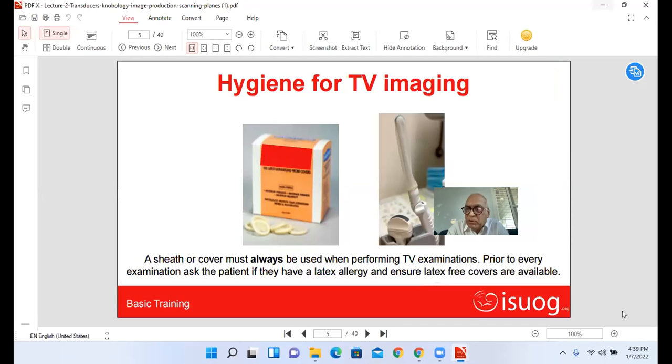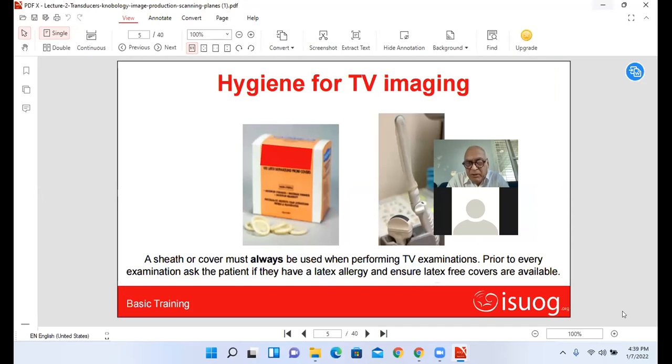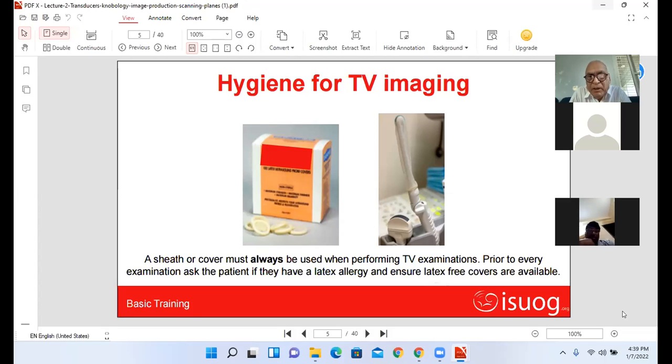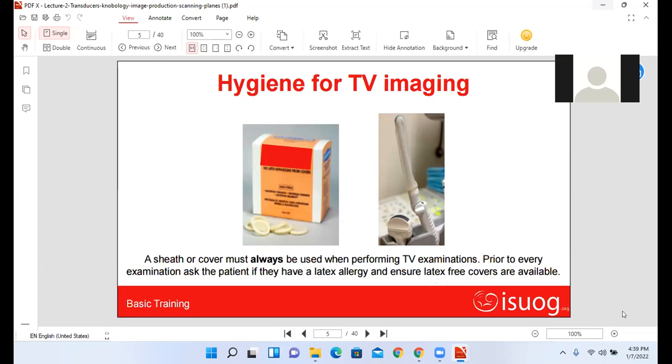We also clean the TV probes with wipes. Various companies are now providing sterilization wipes. So after each exam, we clean it, we use a sheet, and they are also pre-sterilized. Especially the transvaginal, we have to be very, very careful about the hygienic aspect.